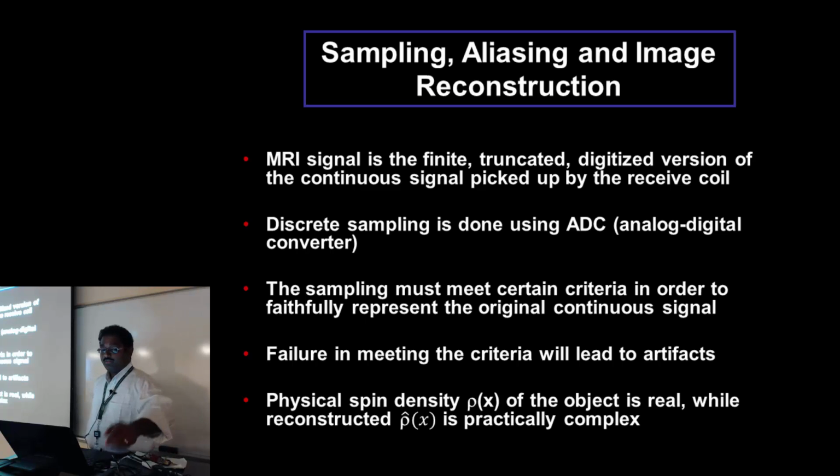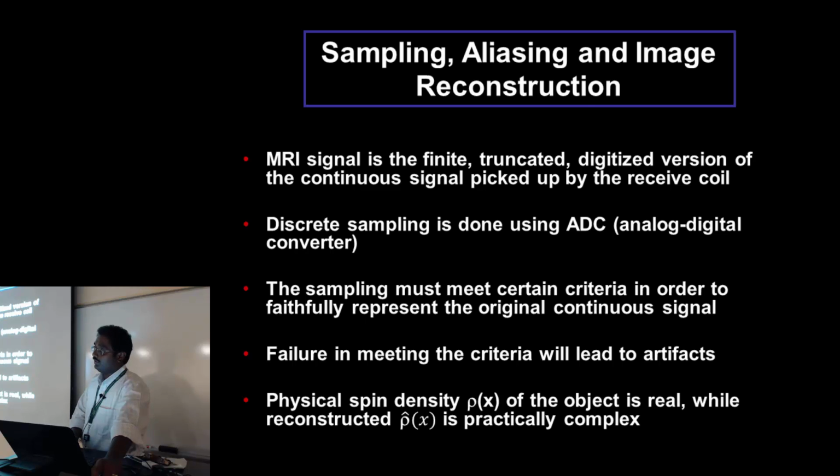And by virtue of this sampling and windowing, meaning the finite sampling part, you will see that your spin density function in real space is actually somewhat transformed when you display that as a digital image. What is that transformation?